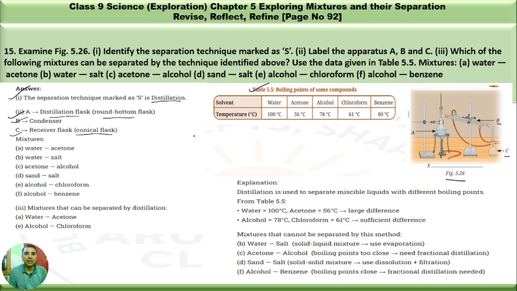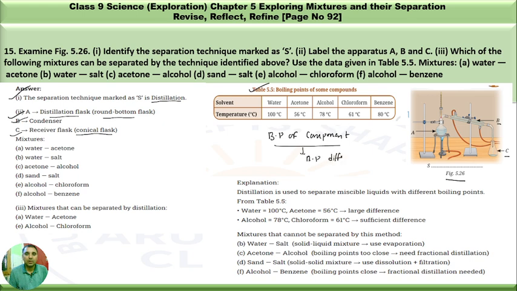Now we have different mixtures. We have to identify whether the distillation method is applicable for these mixtures or not. We have read in the theoretical aspect that the distillation method is more applicable when the temperature difference is more than 25 degrees Celsius. It depends upon the boiling points of the components.